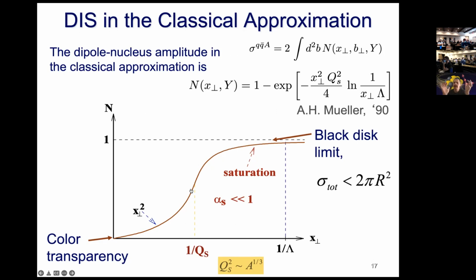So if you have a large enough nucleus, if you are just scattering on a very large target, so if A is large, Qs squared can be large, 1 over Qs would be small, and you may therefore have weakly coupled dynamics, while you still are transitioning from this growth regime to the approach to the black disk limit regime.